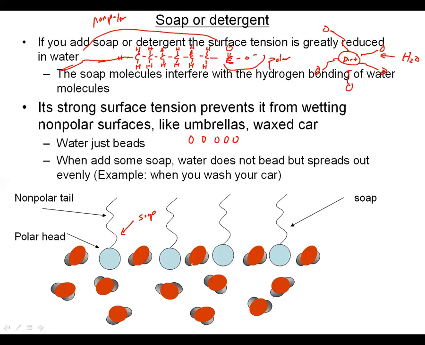You put a drop of it in there and you can see the grease just spread out. I think it's Dawn or something like that. That's the same idea. When you add that soap, it allows everything to spread out because it disrupts the ability of these molecules to hydrogen bond with each other. And that's going to prevent the water from making that really tight surface tension that we saw in the previous slide, and allow the water to spread out.